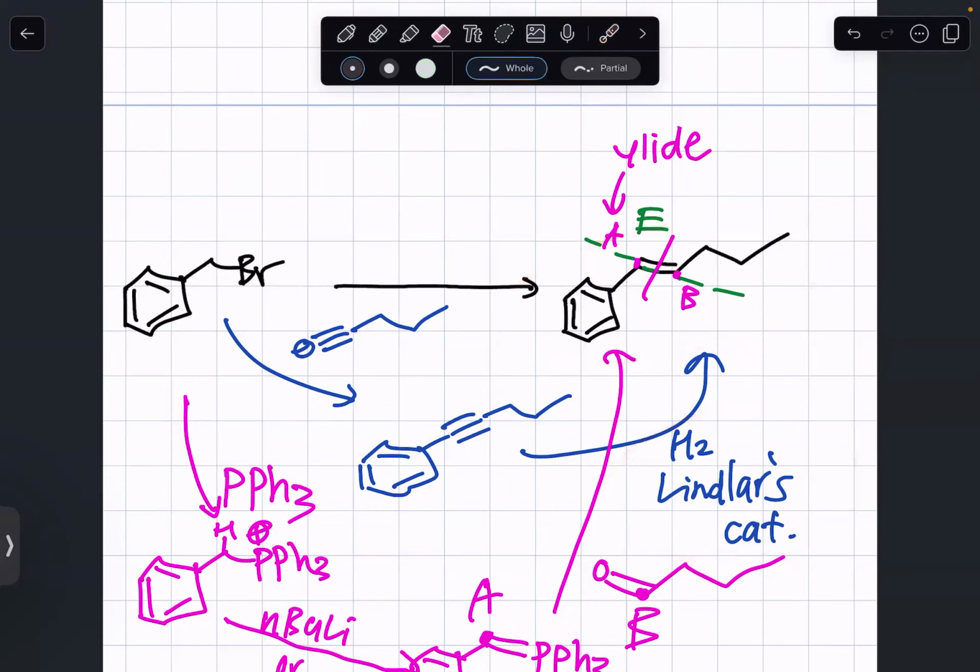And what reagent do you remember that makes the trans alkene from an alkyne? I'll give you the name and the reagents might pop up. Dissolving metal reduction.